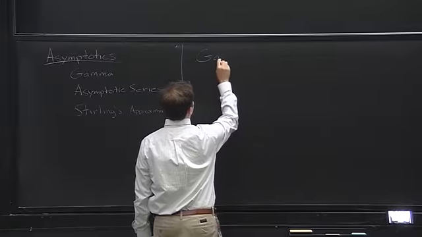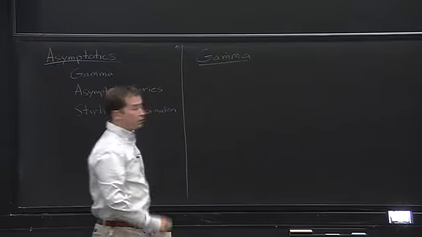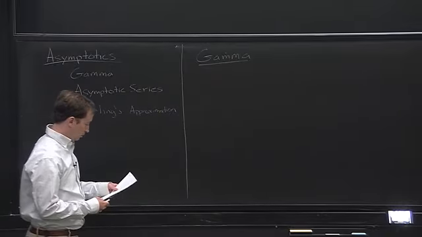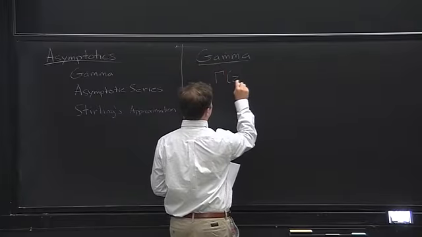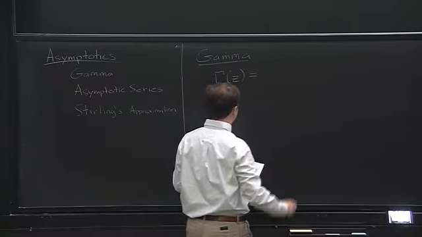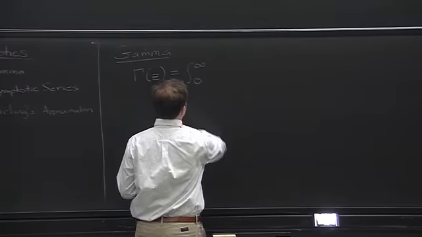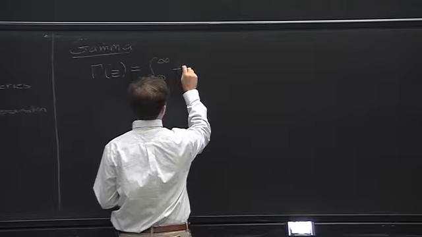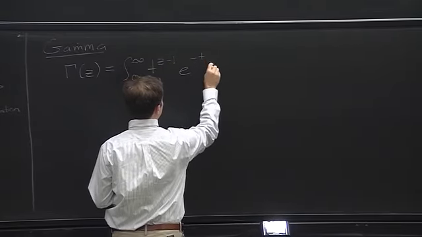So let's start with the gamma function, which is defined by an integral. So it's the integral from 0 to infinity of t to the z minus 1, e to the minus t, dt.